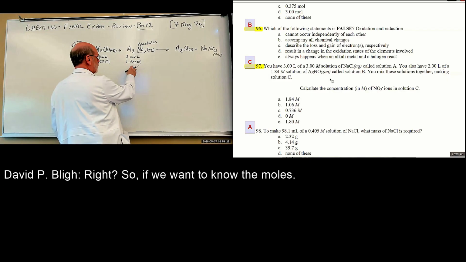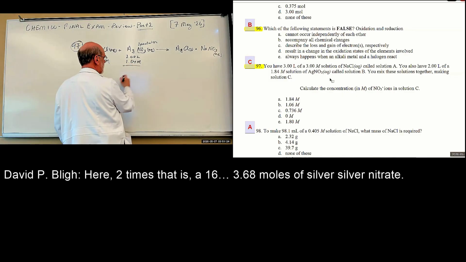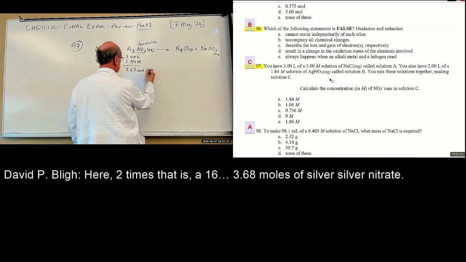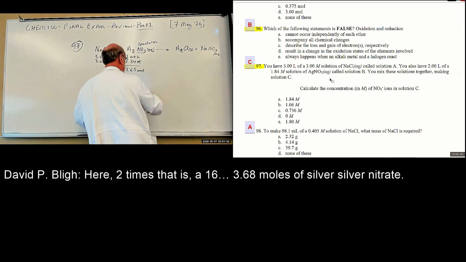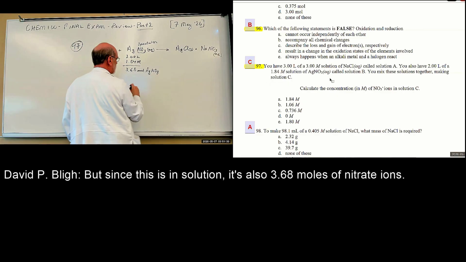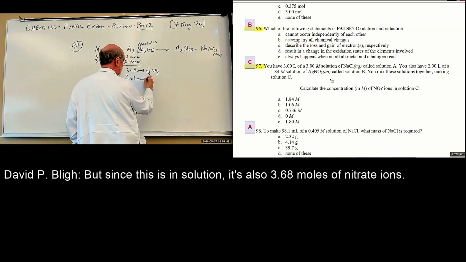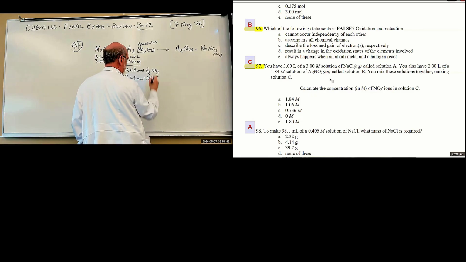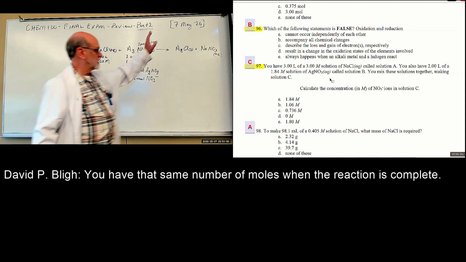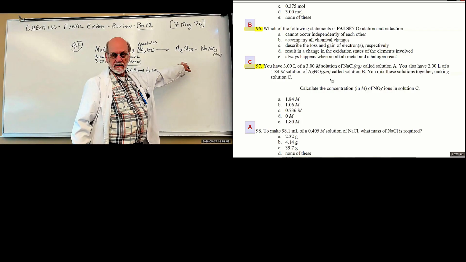So if we want to know the moles here, 2 times that is 3.68 moles of silver nitrate. But since this is in solution, it's also 3.68 moles of nitrate ions.